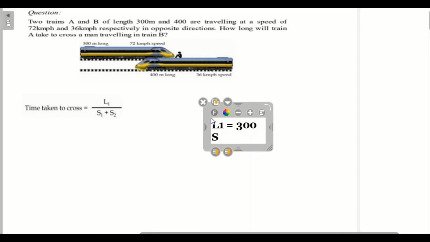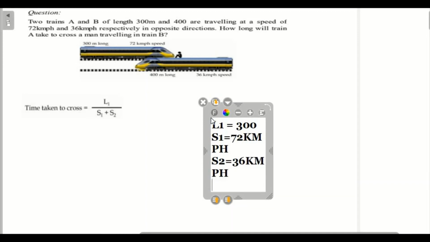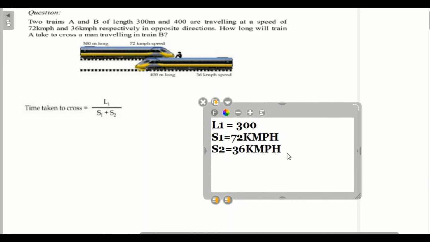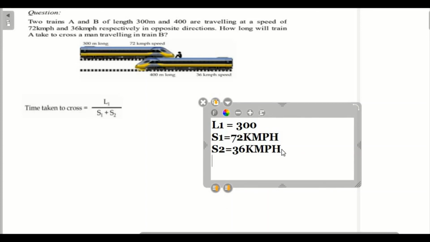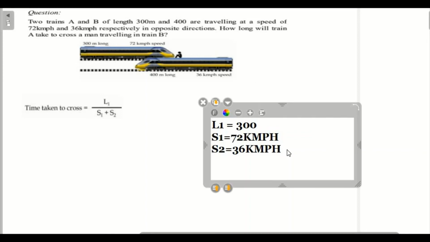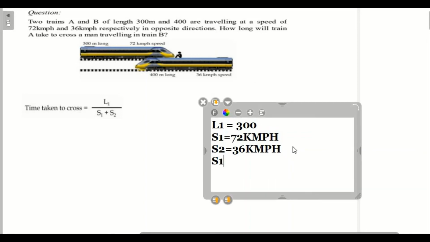So S1 equal to 72 kmph and S2 equal to 36 kmph. So we have to calculate only for the person in the train B. So as I said earlier, we have to change it into mps. We have to add S1 plus S2 because they are in the opposite direction.